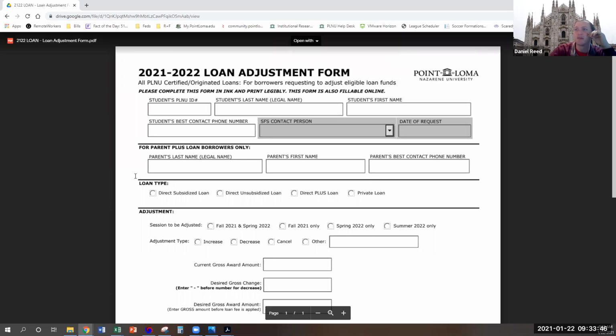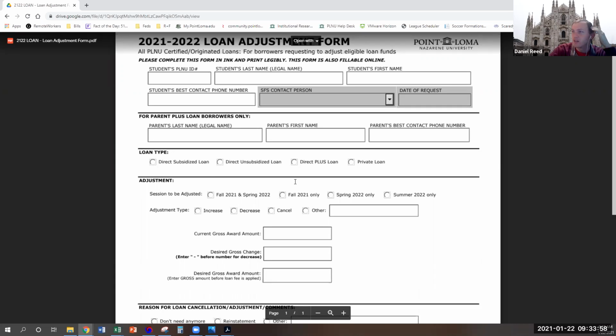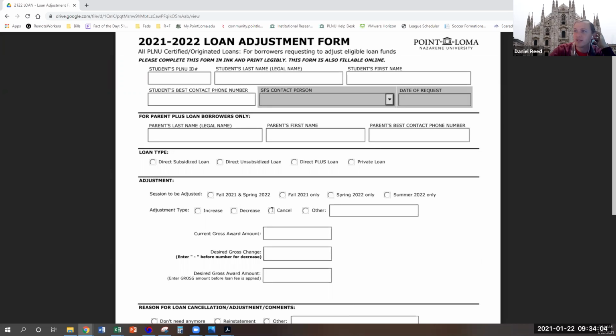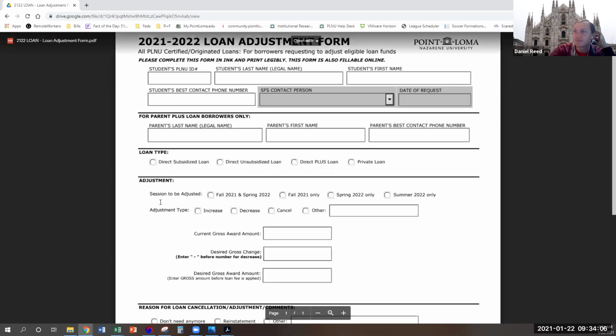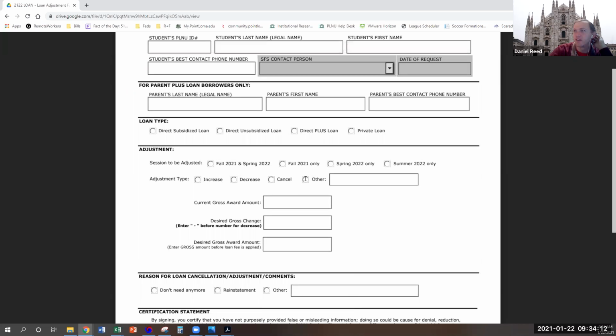Stating if there's a parent name and parent borrower, if it's a PLUS loan. So the same type of things need to be completed. Looking at which session or which term the student needs this change applied to. Saying if it's an increase, a decrease, or a full cancellation, or in an other box, as we've had some reinstatements. So I imagine those would have checked other.